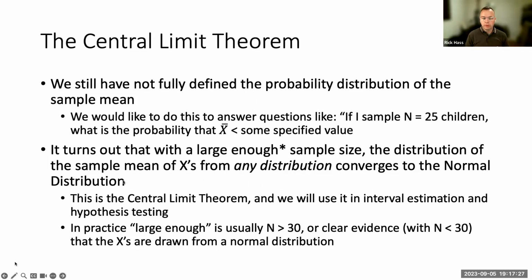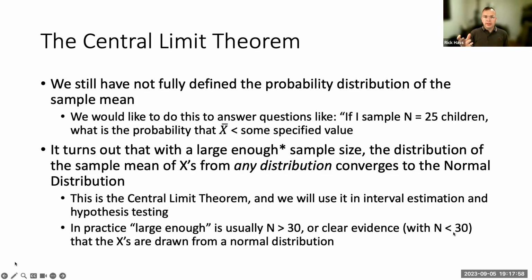So why is this important? This is important because if we have a large enough sample size, generally greater than 30 for our sample, it doesn't matter if the histogram of that sample is skewed. It doesn't matter what that sample looks like. As long as it's numbers, we can use the normal distribution for dealing with properties of the sample mean.